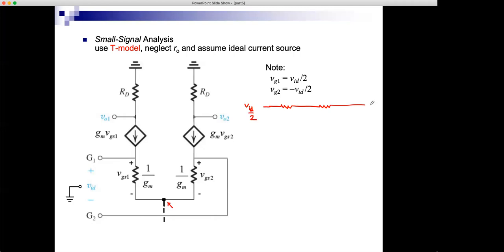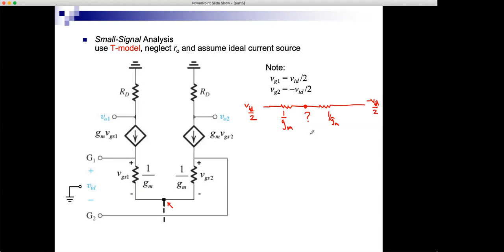The second gate here is minus VID over 2. The first resistor, 1 over gm. The second resistor, 1 over gm. And the voltage here is what I want to know. What's the voltage here?